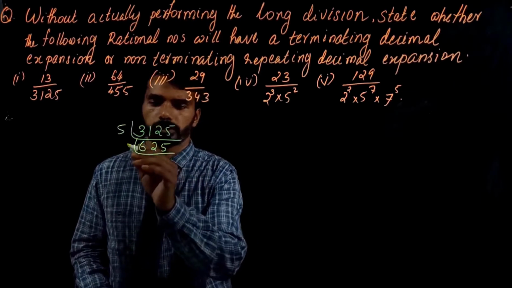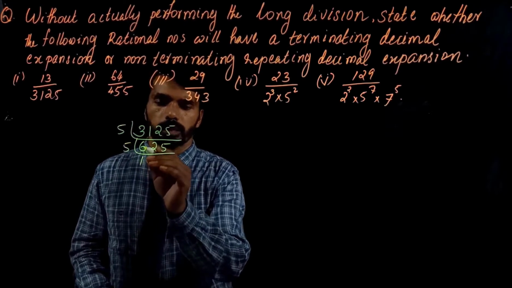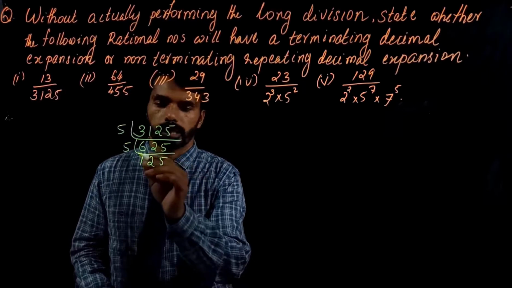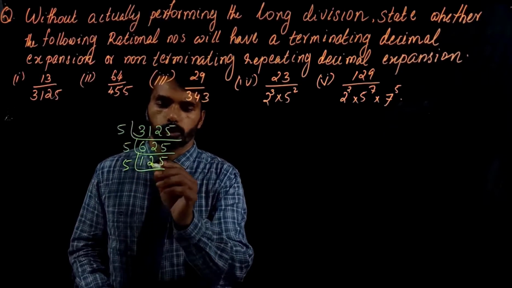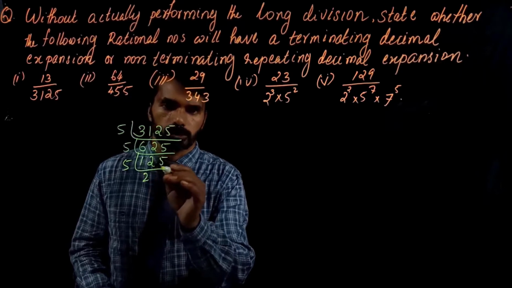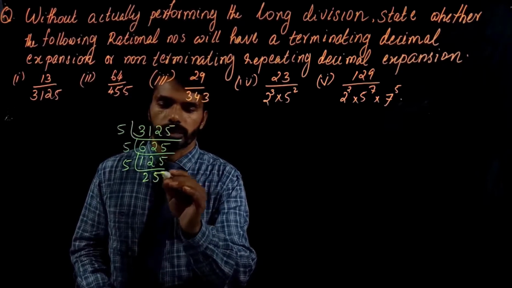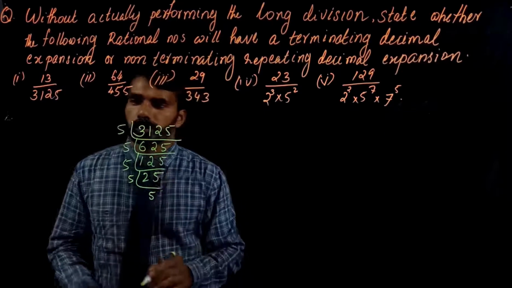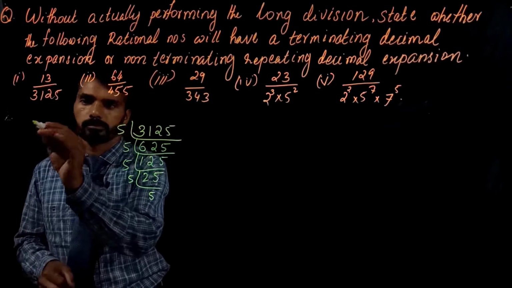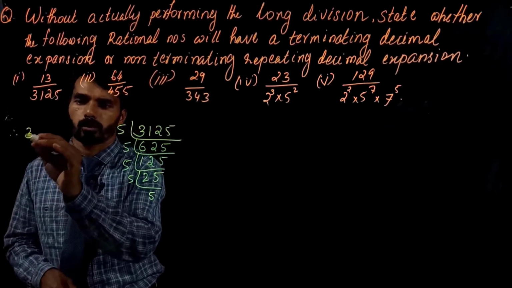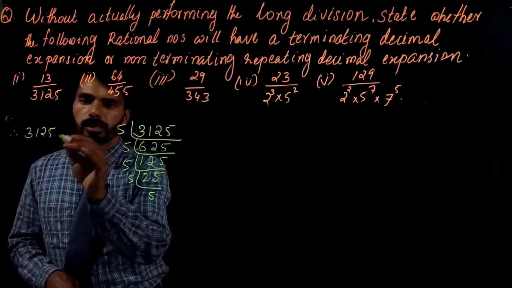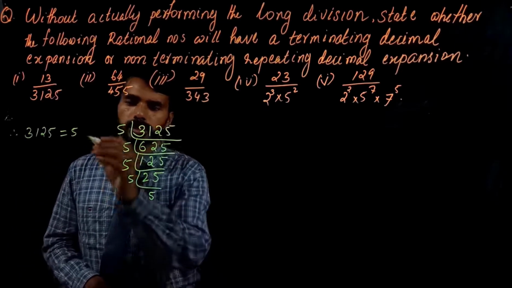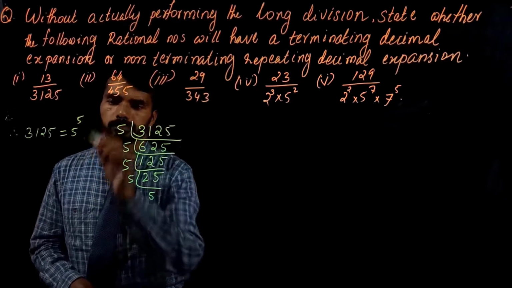Again by 5: 5 in 12, 2 times, remainder 2. 5 in 25, 5 times. Again by 5. Therefore 3125 has prime factorization 5 into 5 into 5, 5 times, that is 5 raised to 5.